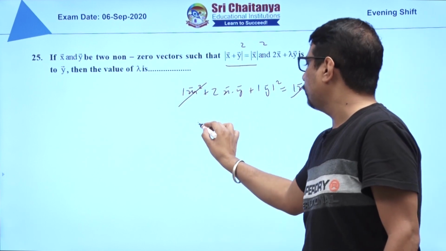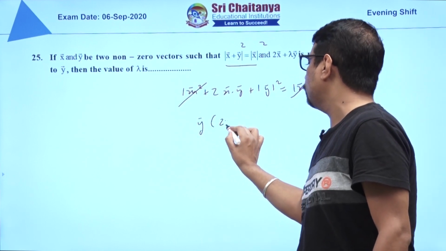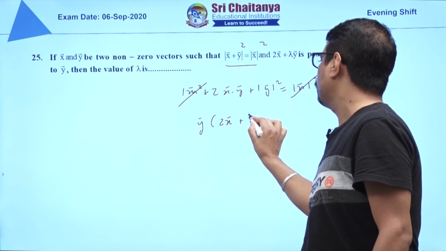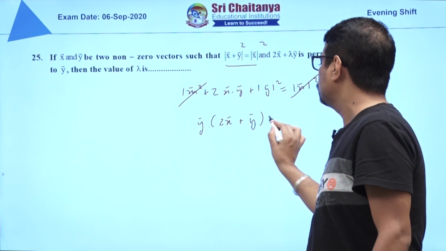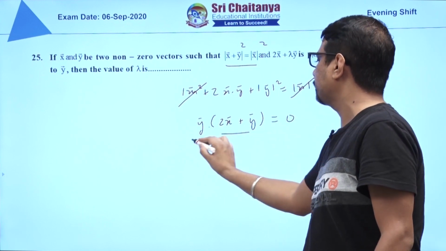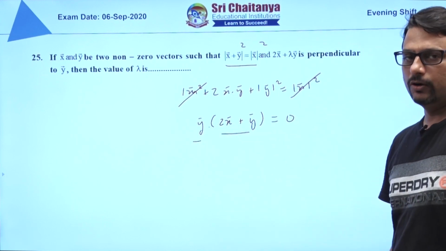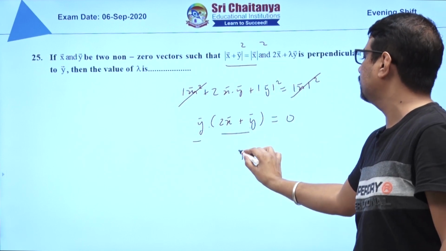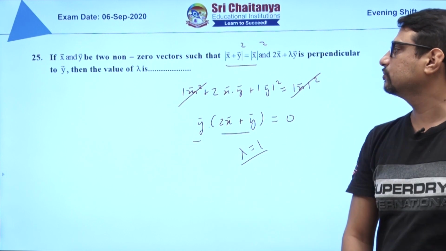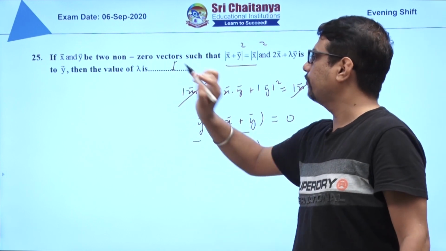Here you take y common. So, y bar times this is 2x bar plus y bar, mod y square is y dot y. So, this dot this is equal to 0. So, here clearly this is perpendicular to this, and only one numerical answer will be correct. So, you can simply compare with this and you can say lambda is equal to 1 will satisfy this. So, the value of lambda will be 1.